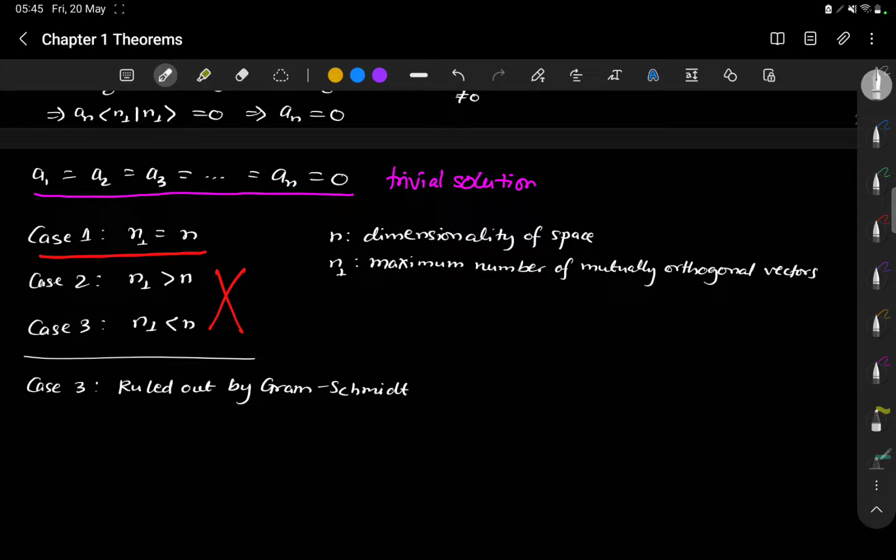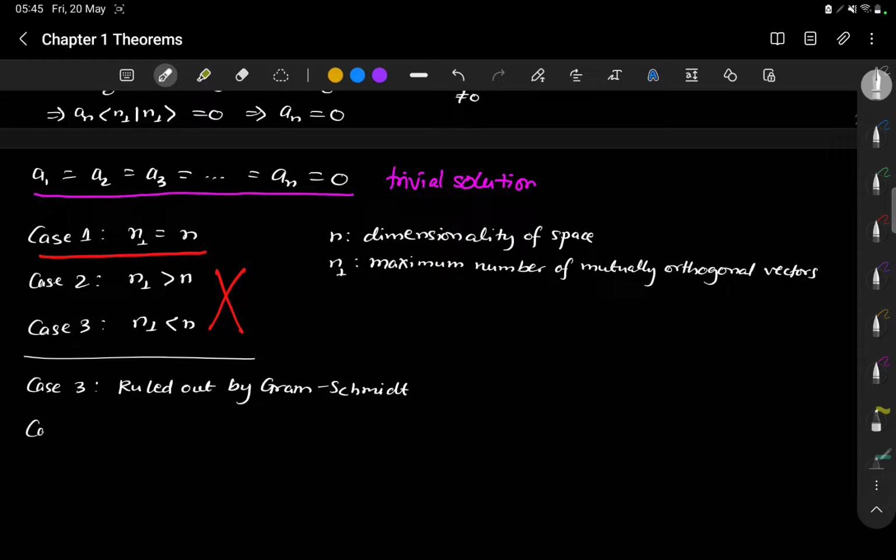This is because the Gram-Schmidt theorem provides us a procedure of obtaining orthonormal basis vectors. So it provides us with a set of basis vectors. Now if it provides us with a set of basis vectors, the basis vectors cannot be less than the dimensionality of the space, because the number of basis vectors determines the dimensionality. So the number of basis vectors can definitely not be less than the dimensionality.